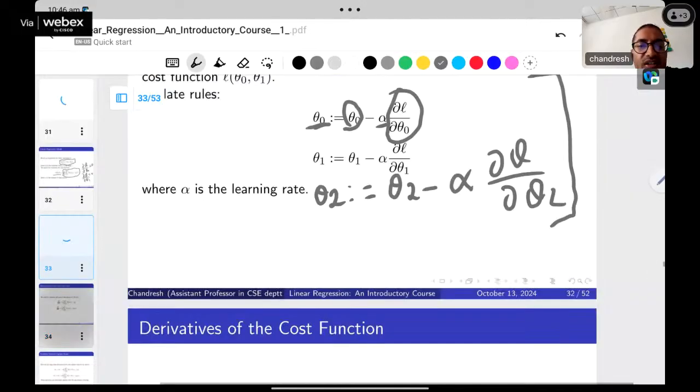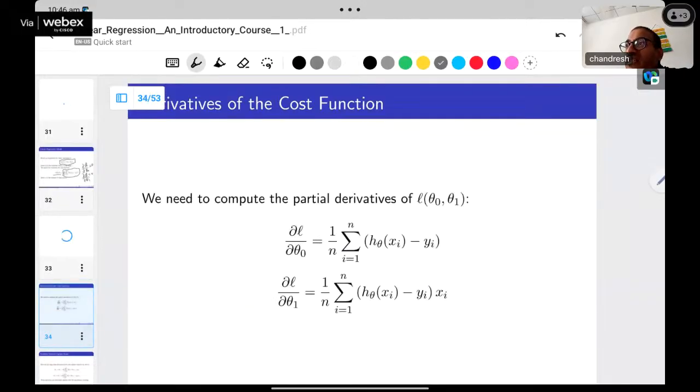Okay. So let us compute. Go ahead and compute the partial derivatives. So partial derivative of the linear regression cost function with respect to theta 0 is this one, and with respect to theta 1 is this one. You can verify.